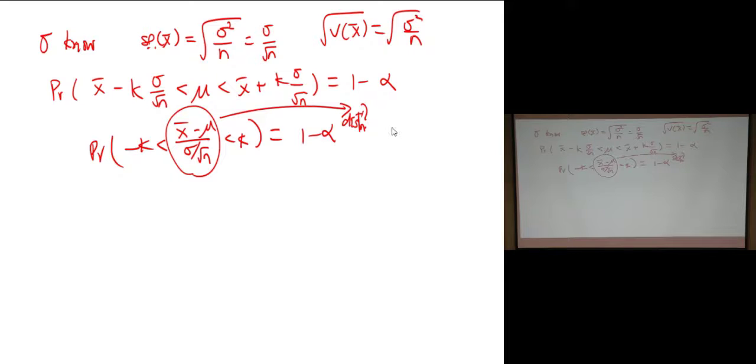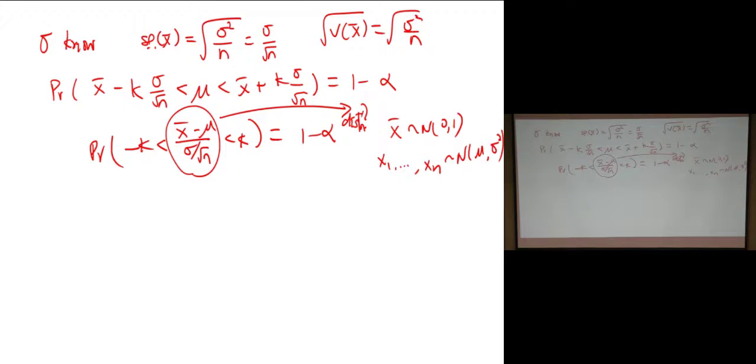We know that this follows a standard normal, with mean 0 and variance 1, if the random sample is from a normal distribution with mean mu and variance sigma squared. So then it's quite straightforward.